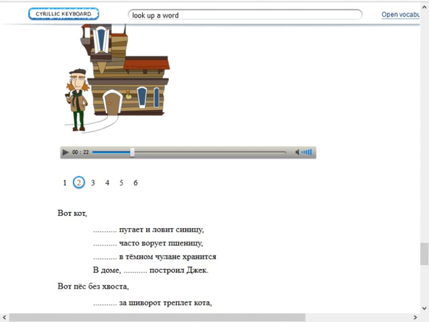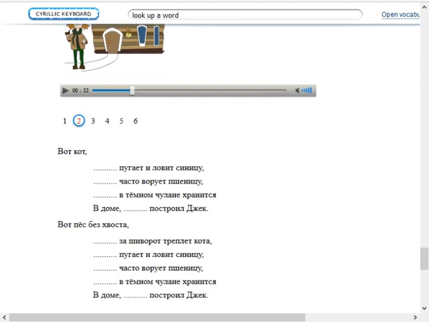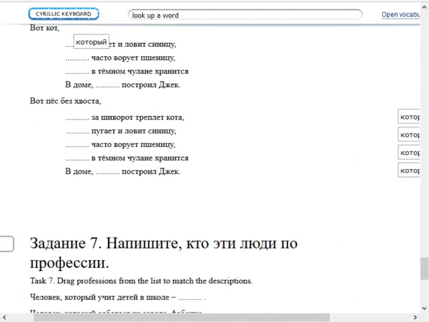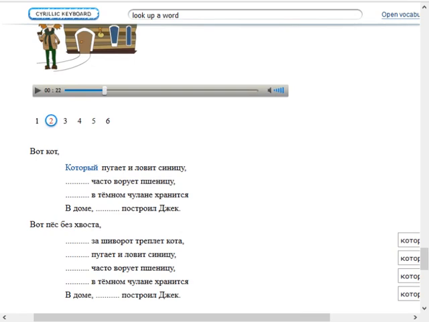So let me translate it now. Okay, this is the cat. And cat is masculine, so it should be который. This is the cat who scares and catches the bird. Которая часто ворует пшеницу, которая в темном чулане хранится в доме, который построил Джек.